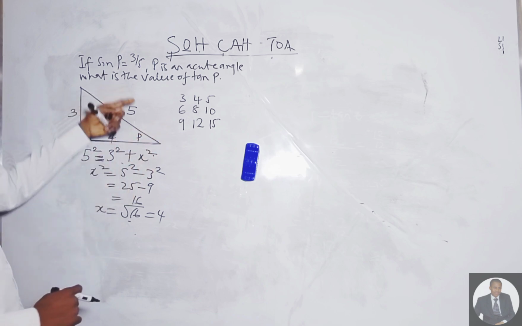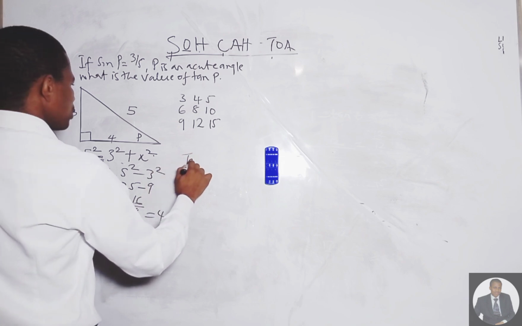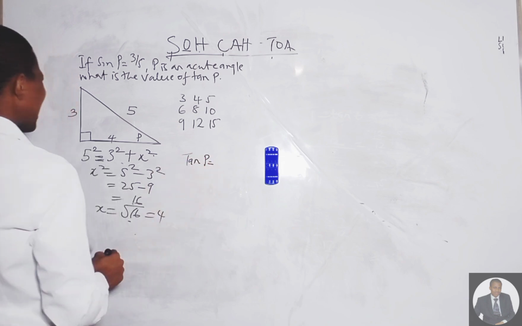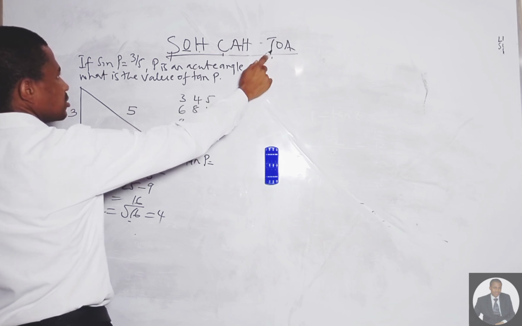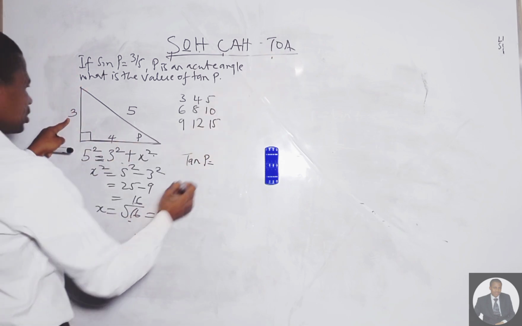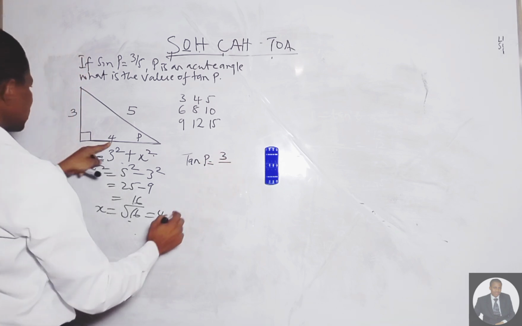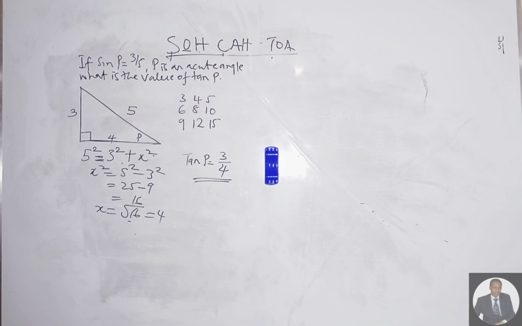Now, how do we answer this question? Tan P. What's tan P? Tan P will be tangent, which is opposite over adjacent. What's opposite? 3. What's adjacent? 4. So simply, this is our answer.